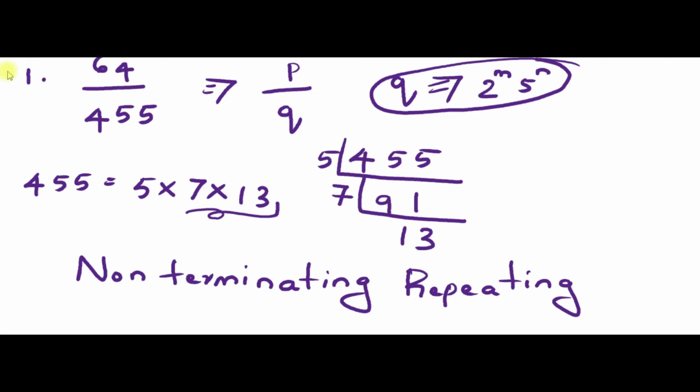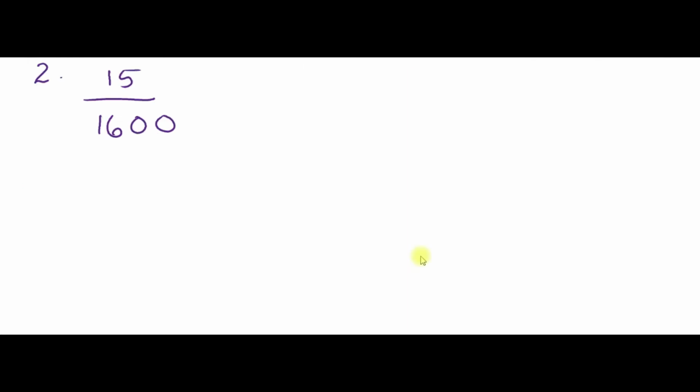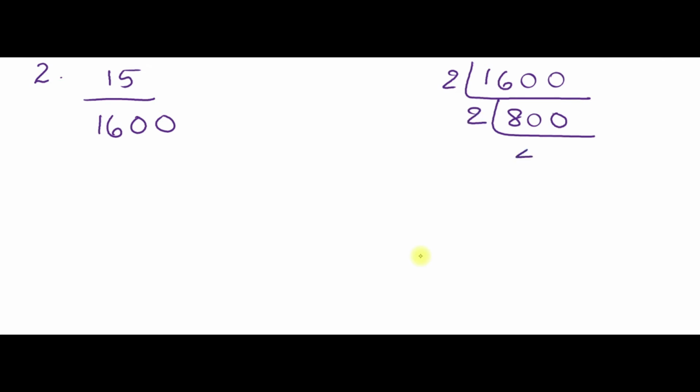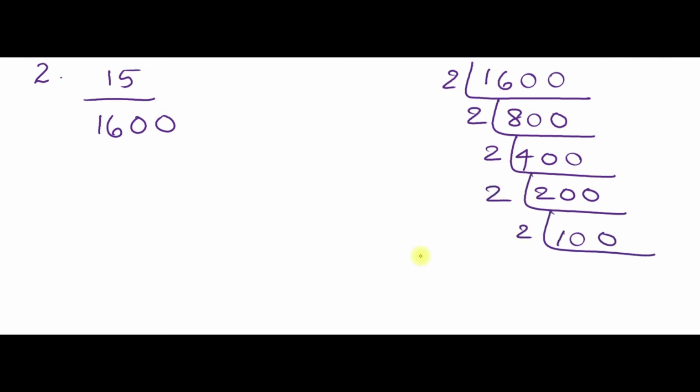Let's go through the second question. 1600 can be factorized as follows: 1600 divided by 2 is 800, then 400, 200, 100, 50, 25, 5, 5.